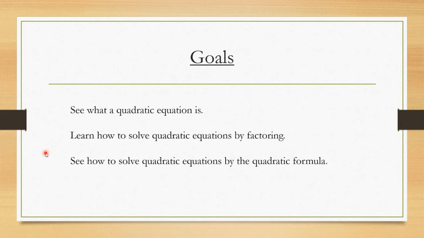Like what a solution is, what it means to solve an equation. We also saw the methods we can use to solve an equation. You could simplify either side, add something to both sides, that kind of thing.